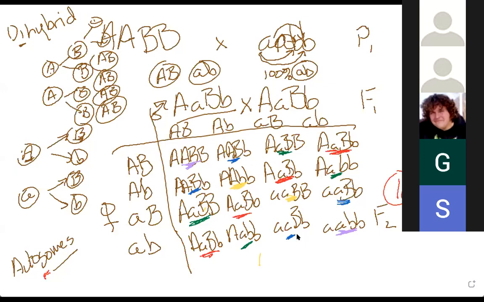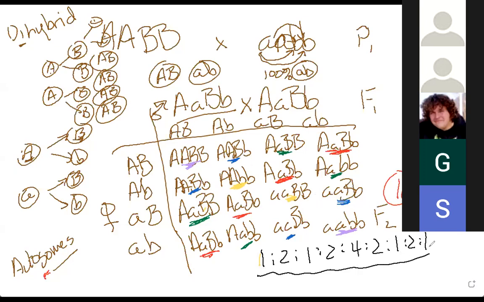I'll go back to black. 1 to 2 to 1 to 2 to 4 to 2 to 1 to 2 to 1. So we see these patterns developing. We'll talk a little bit later on. This pattern should look very, very familiar to you. We'll talk about why a little bit later on.